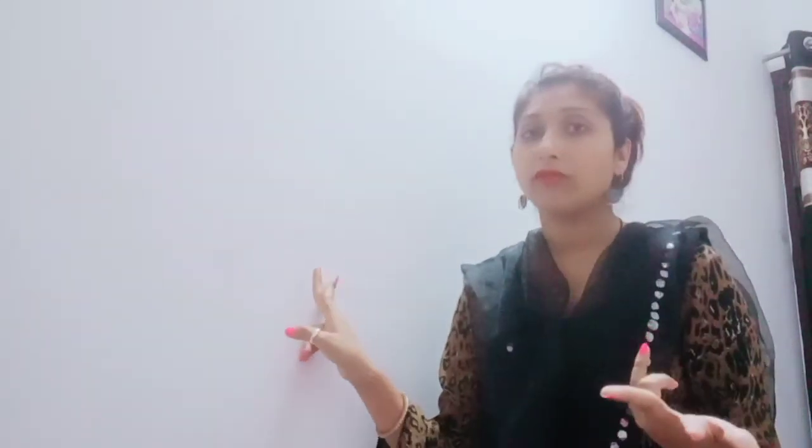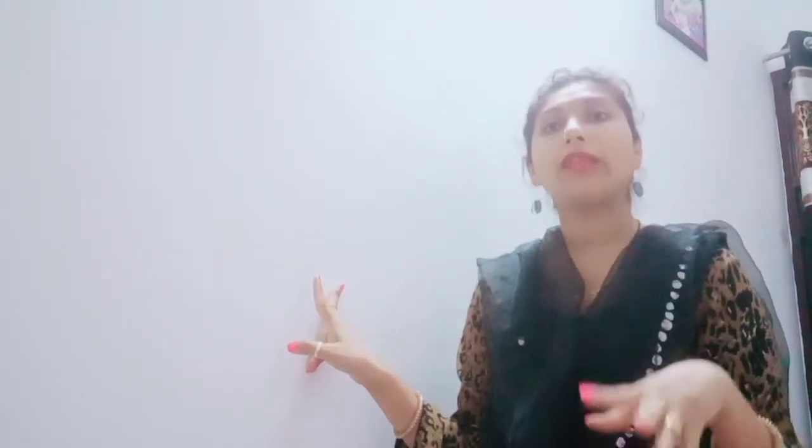In some verbs, both objects can come, and we can also turn these sentences into passive. She gave me a watch. I was given a watch by her. I hope you understood this.